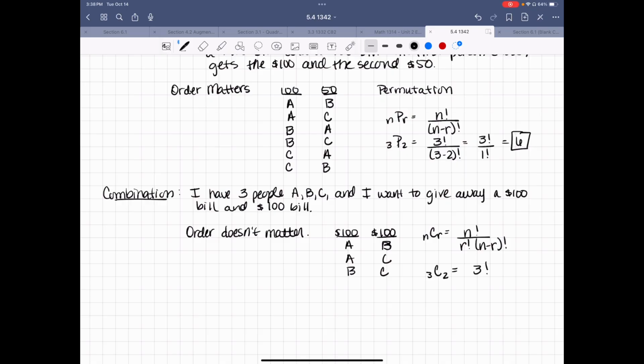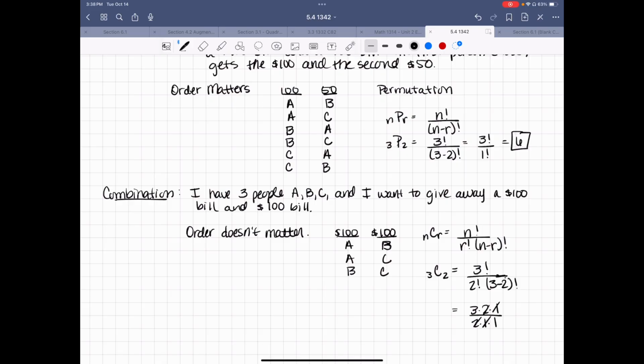So that's 3 factorial over 2 factorial times 2 minus 1 factorial. Oh, no, I'm sorry. Times 3 minus 2 factorial, which is going to give me 3 times 2 times 1 over 2 times 1 times 1.